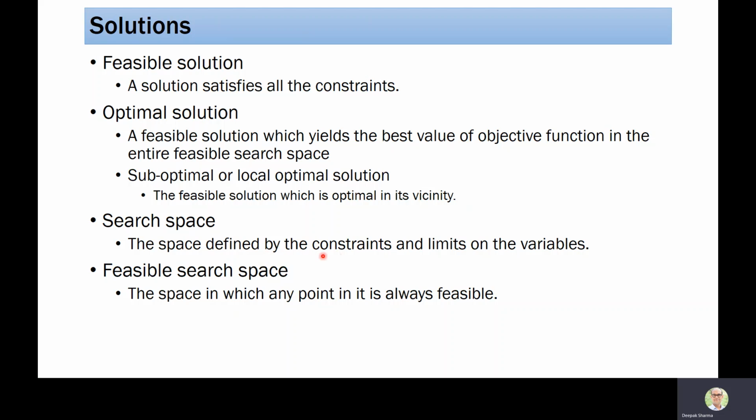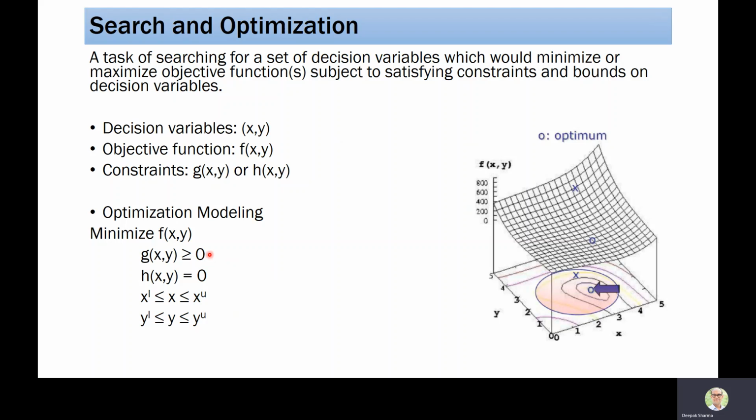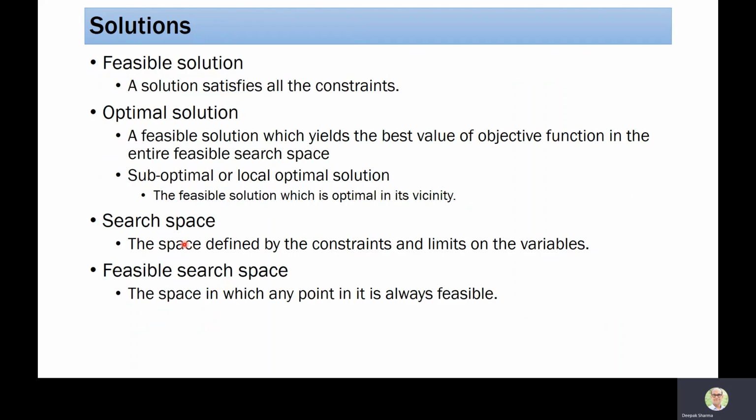This search space is defined by the constraints and the limits on the variables. If I go back here, we have the constraints and we have the variable bounds. The space that is defined by all of them becomes our search space. What is the feasible search space? Inside this search space, if I take any point, the point is always feasible. So inside the feasible search space, a point is always feasible.